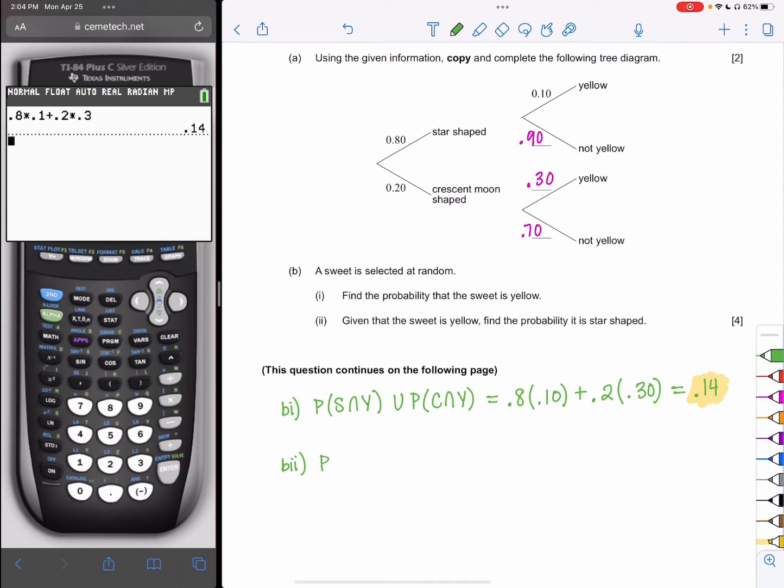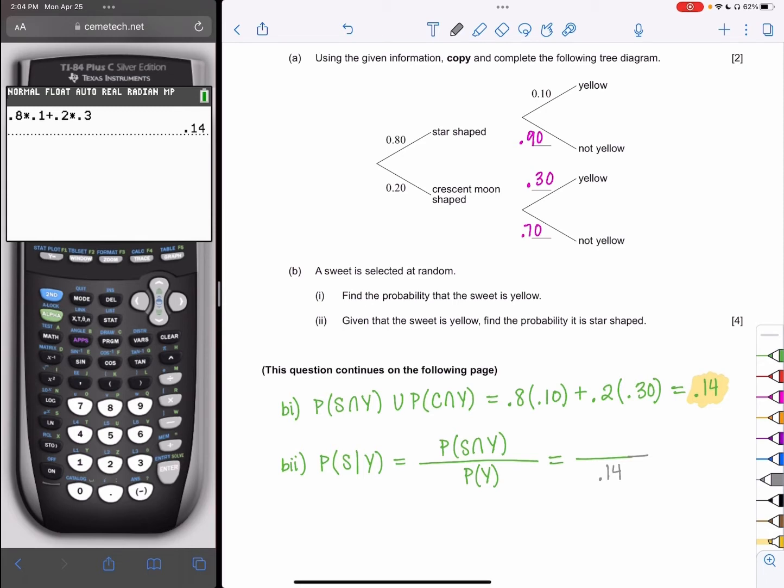So the probability that it is star-shaped, given that it is yellow, is going to be equal to the probability that I'm star-shaped and yellow divided by the probability that I am already yellow. Remember, we already found the probability that you are going to be yellow, which is 0.14. We found that in part B1.